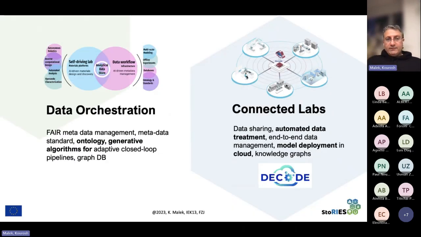So once the problem of data really is solved, which is the first step of building any of this sort of automated and cloud-connected labs, we're able to orchestrate the process using this data over time, and hopefully be able to match different data from different labs and use that for continuous improvement. The Project Decode, a newly funded European project that we are involved in, has a mandate to look at these aspects of the development of a new type of catalyst for the hydrogen technology by applying a new type of ionomer.